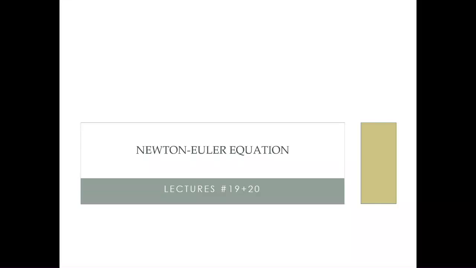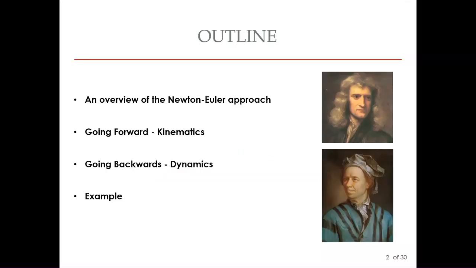Okay, so Newton-Euler. What we are doing essentially is writing the 6 equations per link. The 3 linear, the 3 angular, for each link. But these equations, you can write them in general.